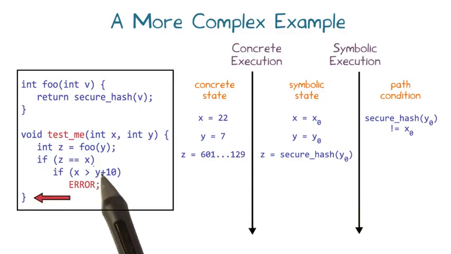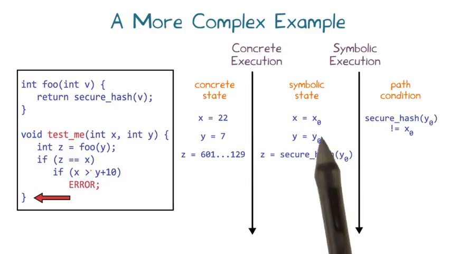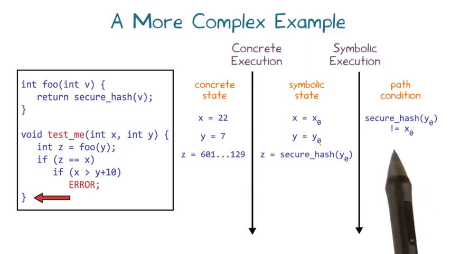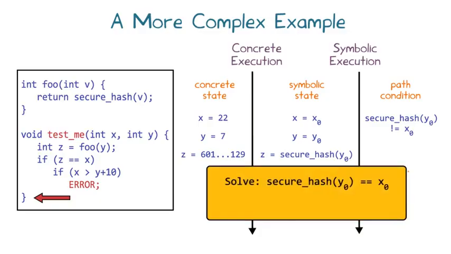In order to take the other branch, DSE needs to determine a pair of inputs x0 and y0 such that the most recently added constraint in the path condition evaluates to false. That is, such that secure hash of y0 equals x0. However, the nature of a secure hash function is that it is extremely difficult to solve an equation like this.